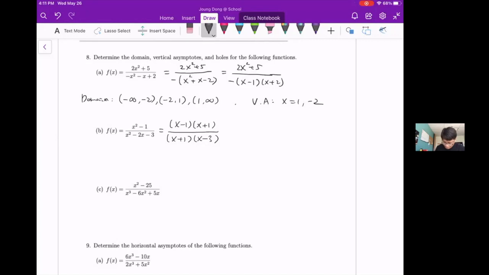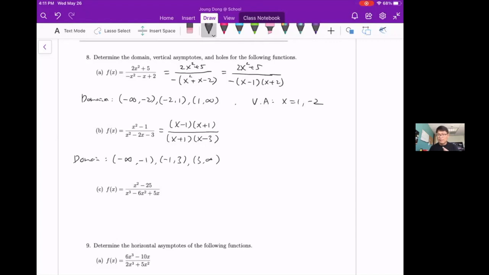So the domain is from minus infinity to minus 1, minus 1 to 3, and 3 to infinity. Now we have two candidates for vertical asymptote and hole, which are negative 1 and 3. But look at that. The negative 1 term, which is the x plus 1 factor, can be canceled out with the numerator.